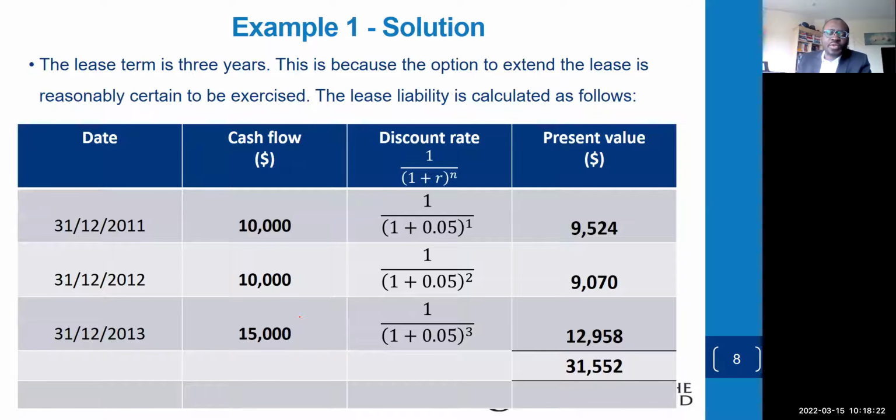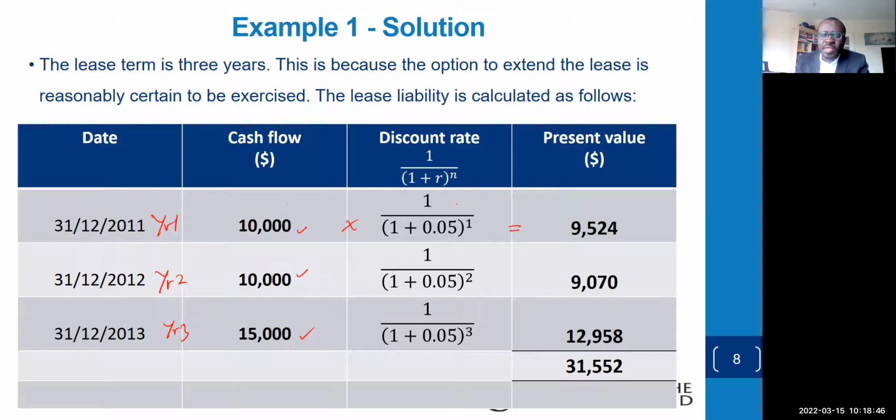So you realize that for year one and year two, it was 10,000 and 10,000. For year three, we are told that the payment will be 15,000, and he said, I'm sure I'll exercise this. So let me now discount the whole of this 10,000. This times this gives you this figure.